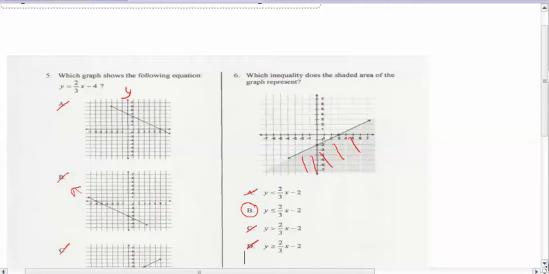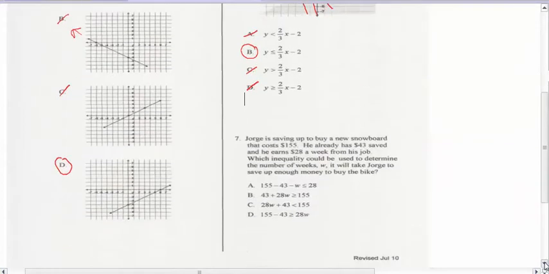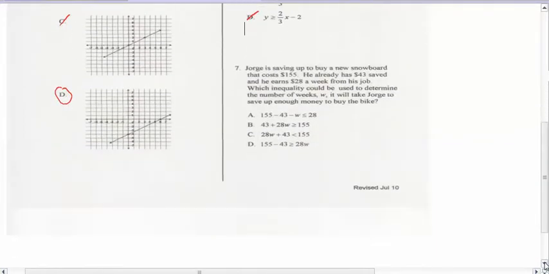Okay, number 7. This guy is saving to buy a snowboard. The snowboard costs $155. He has $43, and he makes $28 a week. Think of these as equal signs. If you're trying to get $155, it would be only these two.